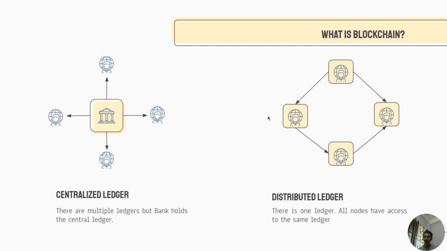Suppose I go into the same scenario and say to this branch that I want to withdraw 500 rupees from my account. Please initiate my transaction. The flow will be the same, otherwise the economy will be corrupted.